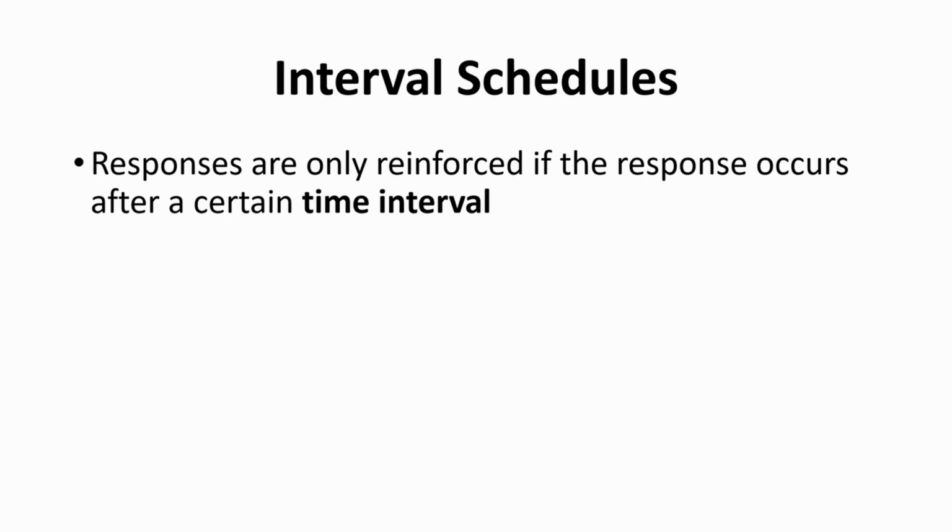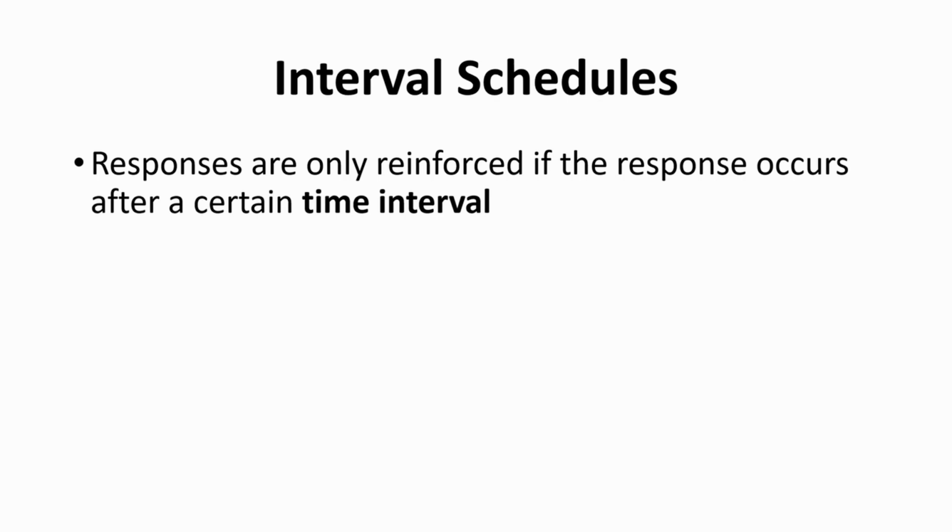It's really important to note that while we care about the time interval, so we can have an interval schedule where after 10 seconds you can receive reinforcement, there still needs to be a response made once that reinforcement becomes available. With interval schedules, we set a time interval, and after that amount of time has passed, the reinforcement becomes available.